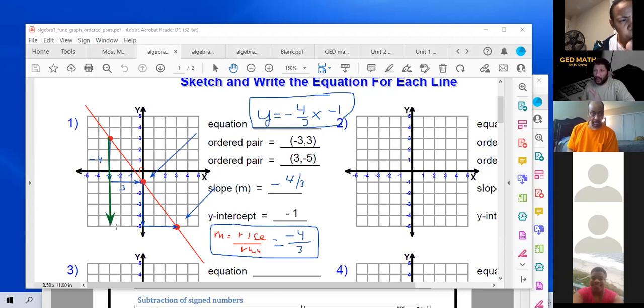I'm choosing these 2 points. 1, 2, 3, 4, 5, 6. This is very important for you to understand. It doesn't matter what 2 points you use. Rise over run. Since I went down, it is negative 8. Since I went over, it is plus 6. When I reduce that to lowest terms, I still get negative 4/3.